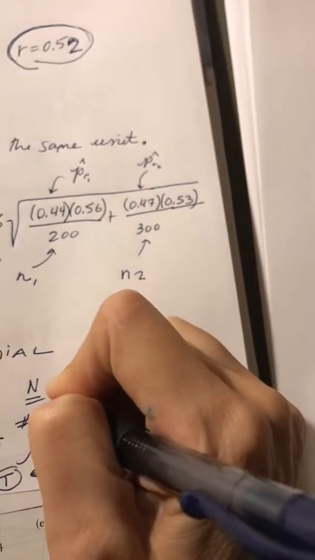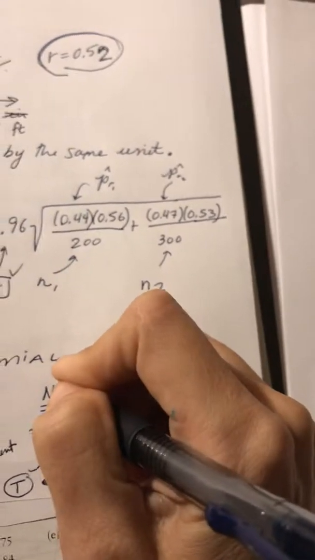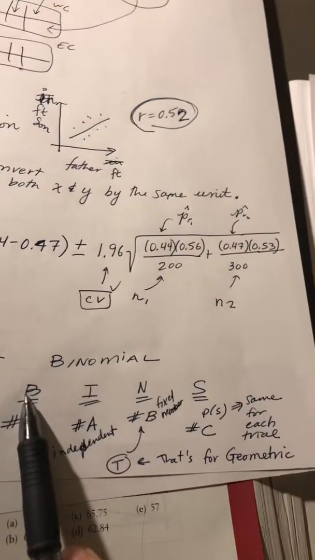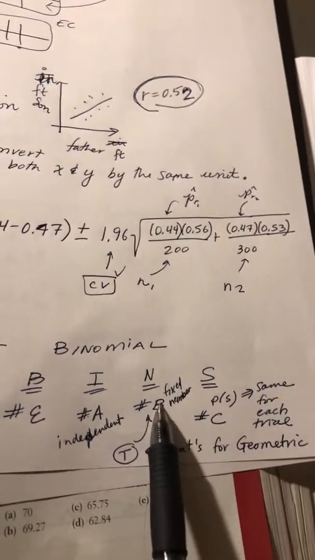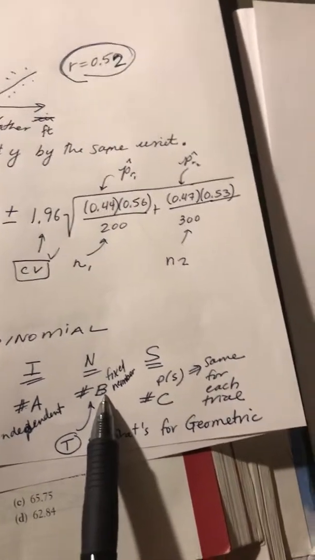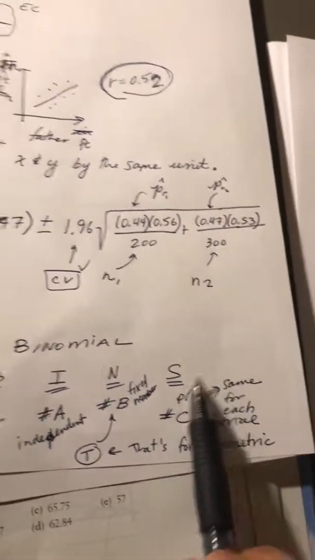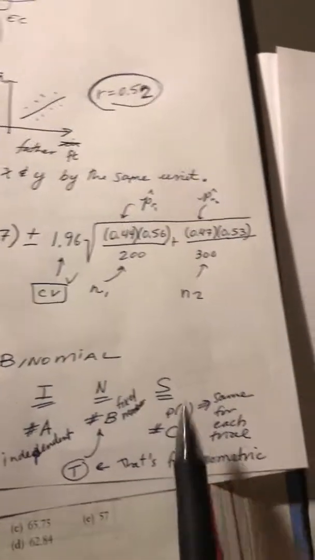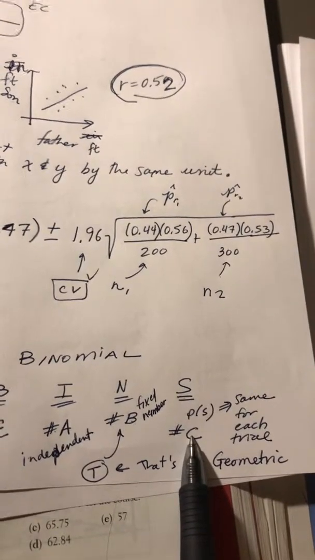Okay, fixed number. That is a component of binomial. B-I-N-S, that's what the N stands for, a fixed number. So we can't pick B because we need that as part of our test. C says the probability of success is the same for each trial. We need that. So part C is the component we need for the S.